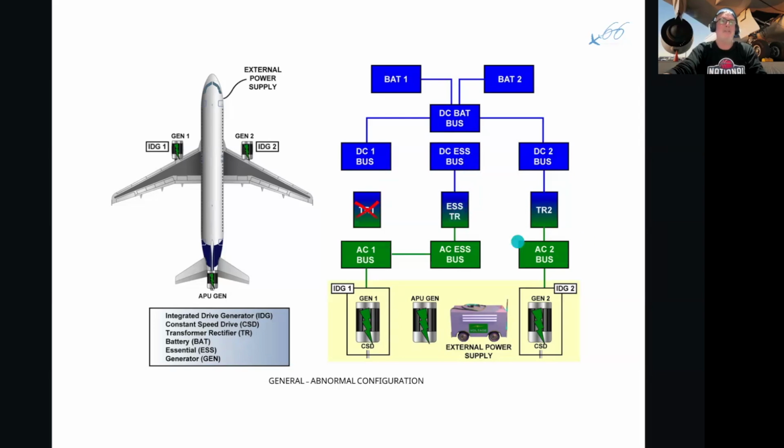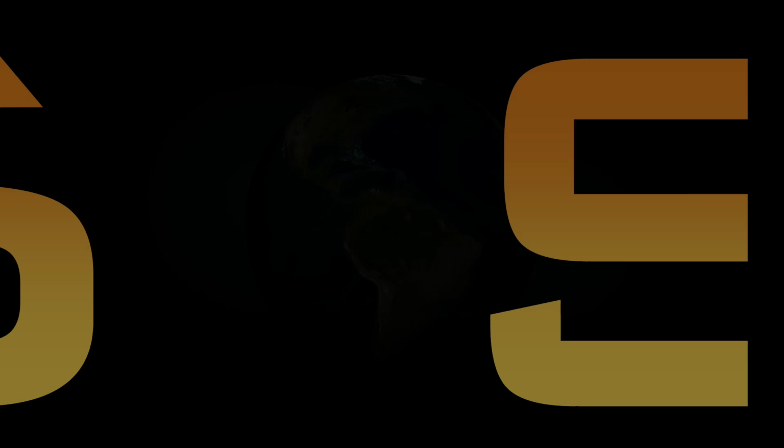So you can see there are these bus tie contactors, which automatically switch open and closed to ensure that we always have 2 electrical power sources, AC and DC, on the aircraft at any given time.